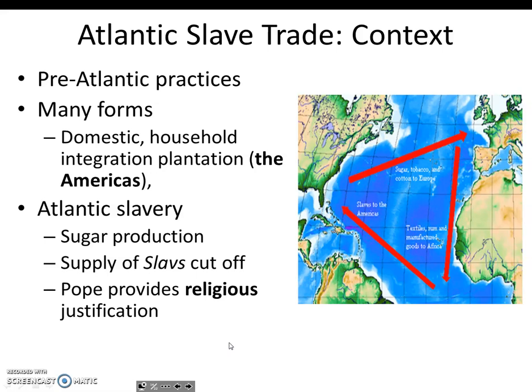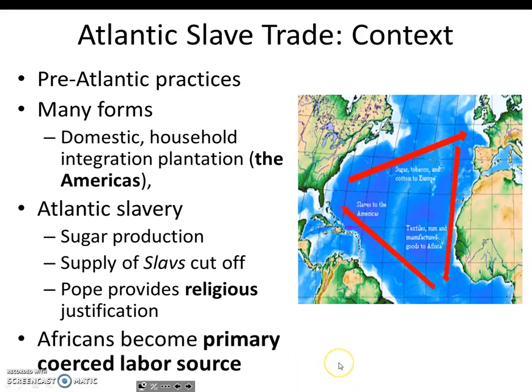So Europeans used their links to West Africa to provide labor for sugar and eventually tobacco and cotton plantations. In 1452, the Pope even granted full and free permission to invade, search, capture, and subjugate the Muslims and pagans and any other unbelievers, and to reduce their persons into perpetual slavery. So there's religious justification for this.